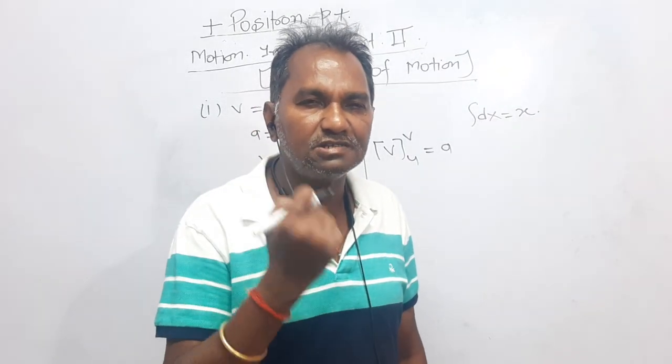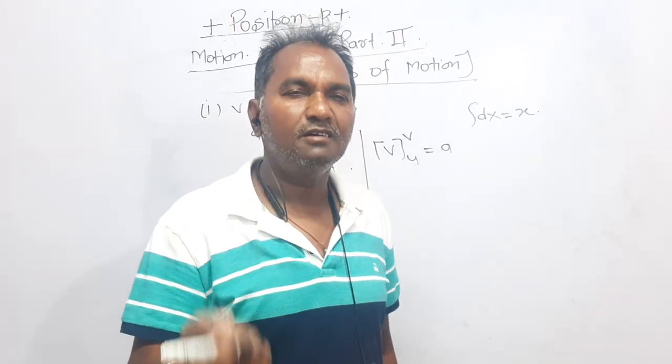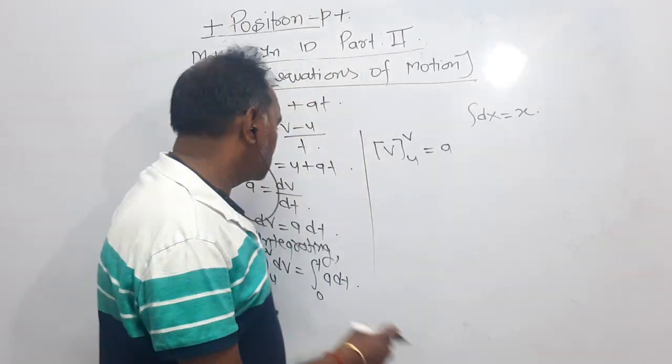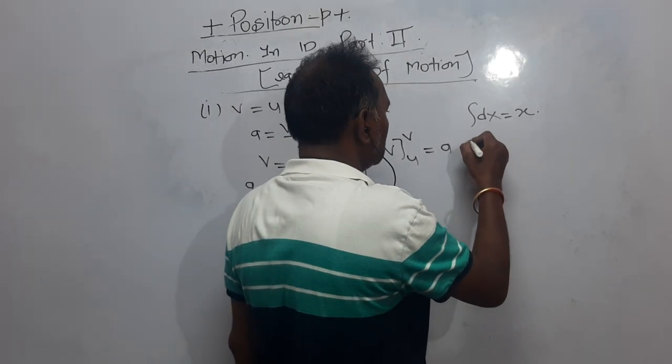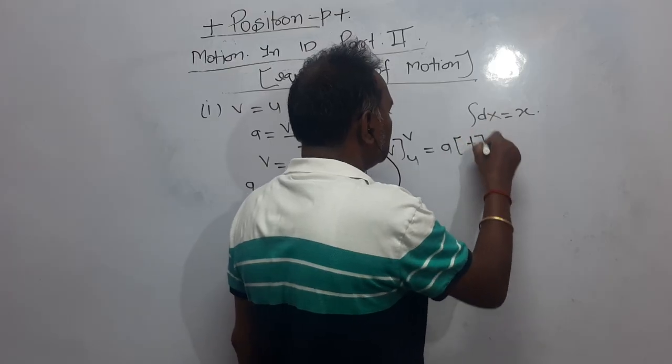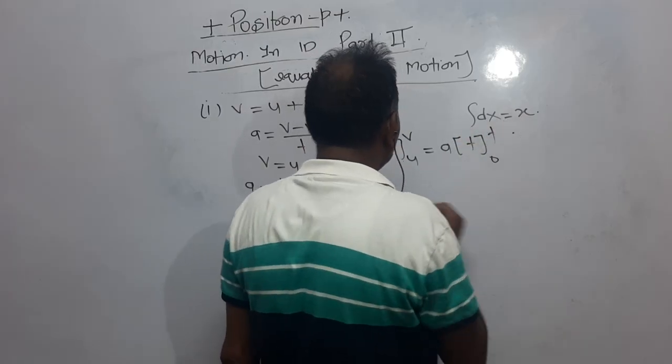In your syllabus, acceleration is a constant. You always consider bodies which move with constant acceleration. Now acceleration I have taken out. The integration of dt is t from 0 to t.